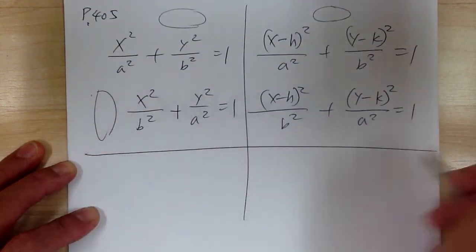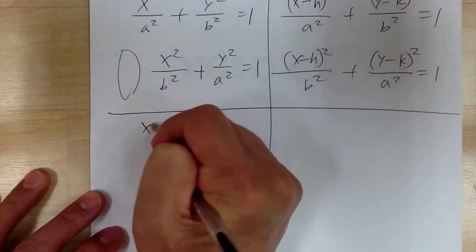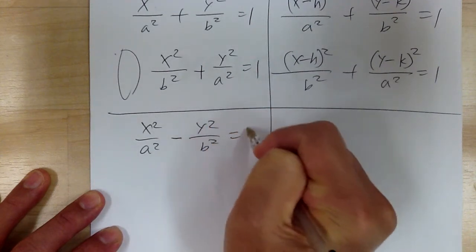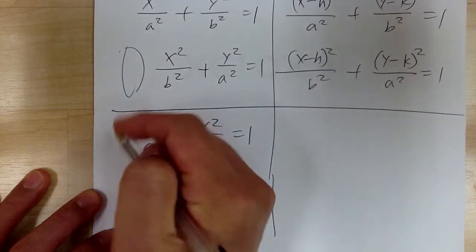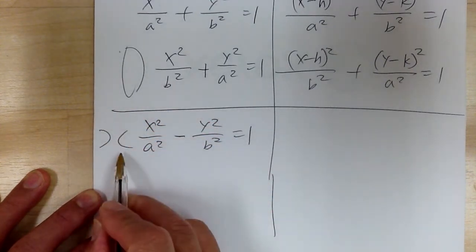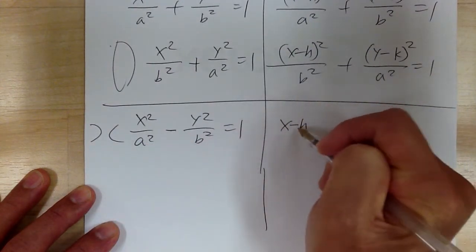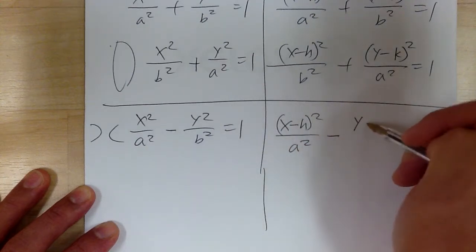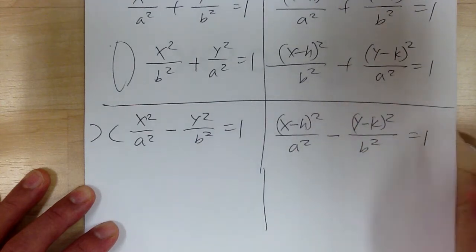Now for hyperbola, it's the same thing. For hyperbola, you've got x squared over a squared minus y squared over b squared equal to 1, right? Again, this is when you have a center at 0, 0, and this is going to open in the x direction, like this. Now, if it's not at 0, 0, then you're going to have (x minus h) squared over a squared minus (y minus k) squared over b squared equal to 1.